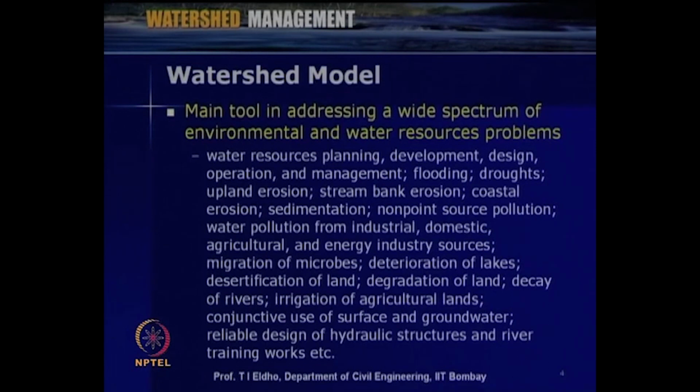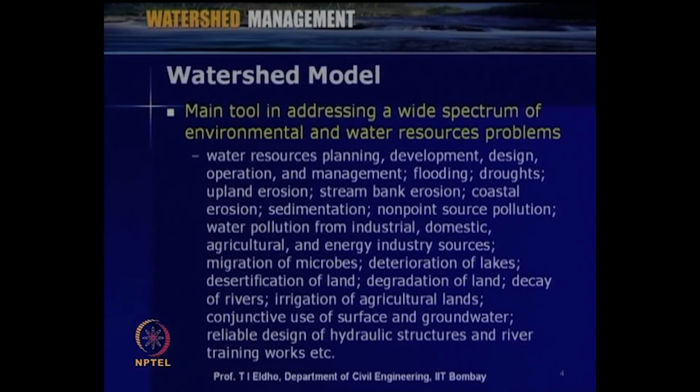When we go for soil conservation measures, how can the soil erosion be reduced? Or when we go for environmental planning like reduction of pollution sources, how is the system going to behave?